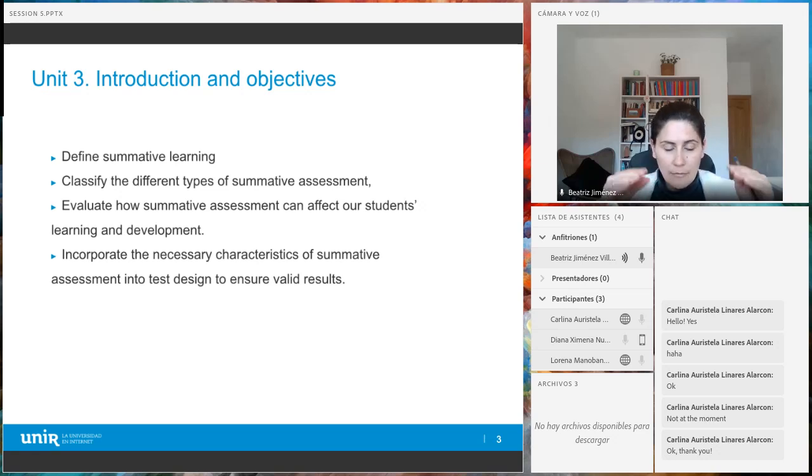Okay, so at the end of a block of learning. And the purpose of this kind of assessment is to measure the learning during this block of content, okay? So most of the times, this kind of assessment is especially done when we want to get a certification. So we need to prove or to make sure the acquisition of certain concepts or certain learning in our students, and that's when we apply summative assessment.